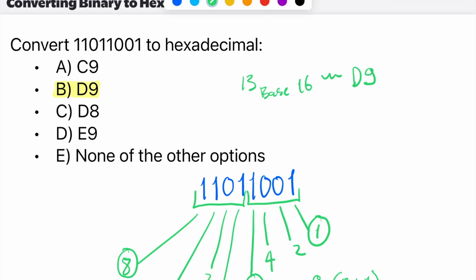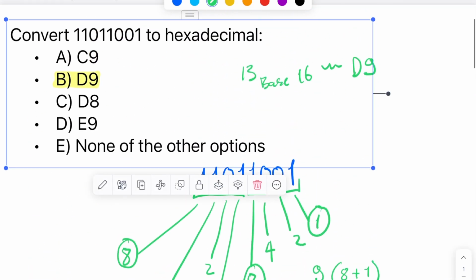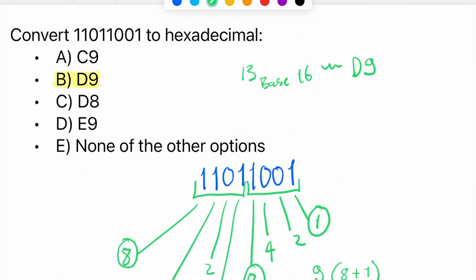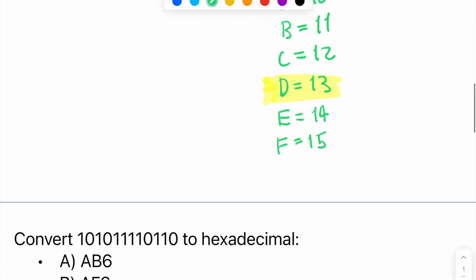So the final answer is D9. This was an example where the answer was a 2-digit hexadecimal.